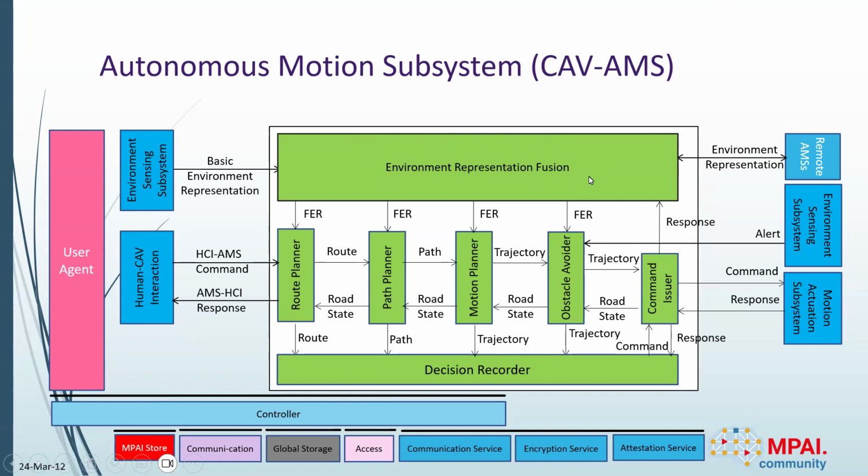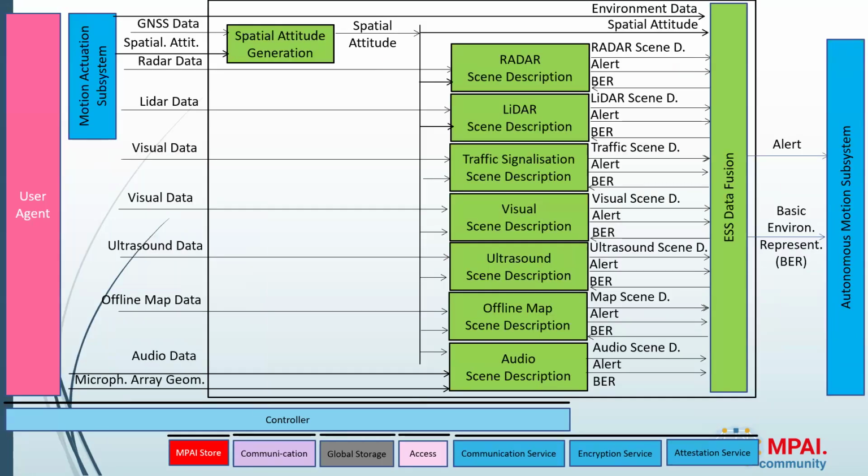that is called environment representation fusion. This is an AI module, of course. And, you know, in fusing this environment representation, we have a lot of information that's spatial information, and therefore is represented with one of the specifications in this standard. So this is the subsystem that I was mentioning before.